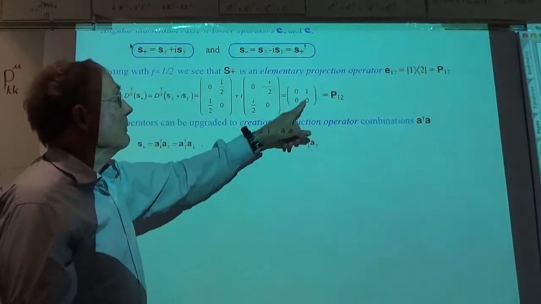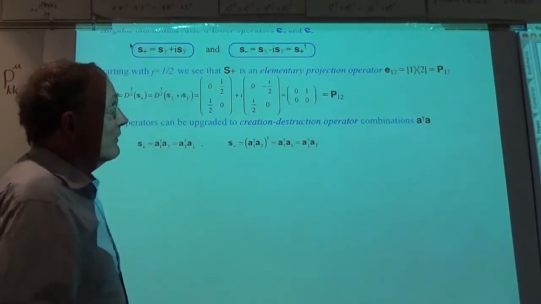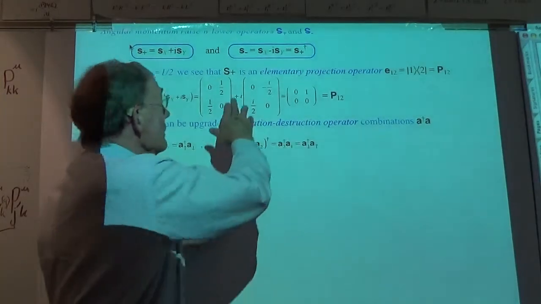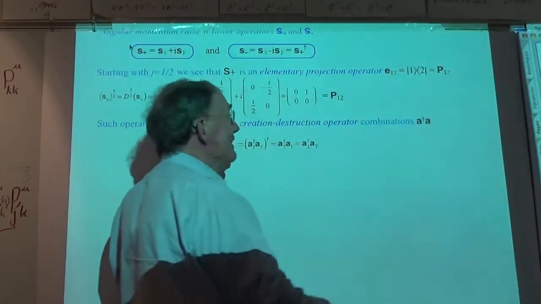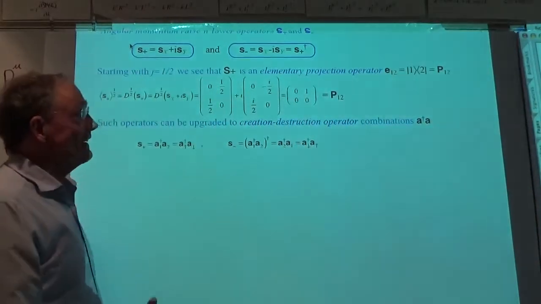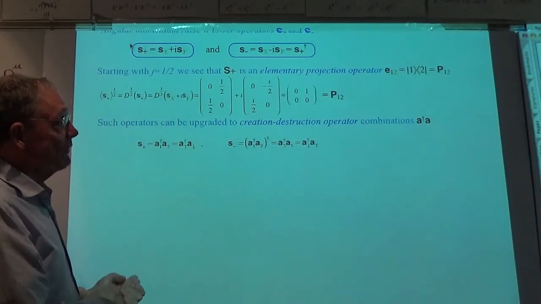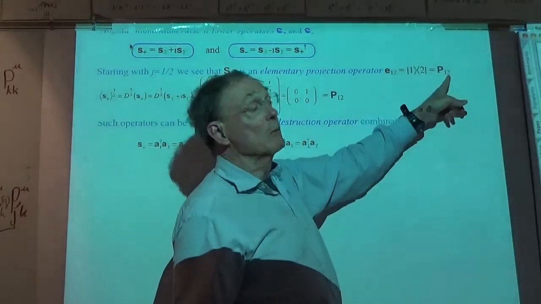This guy, that's a representation of this guy. And then its flip is the representation of this guy. So you see, it's really showing us that the elementary projection operator, P12, is what we're getting here. We're very much interested in getting irreducible projectors.